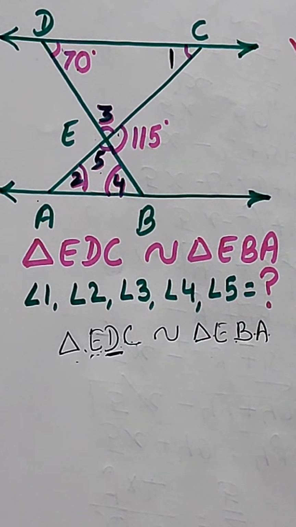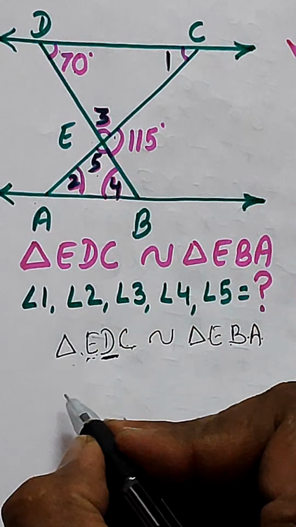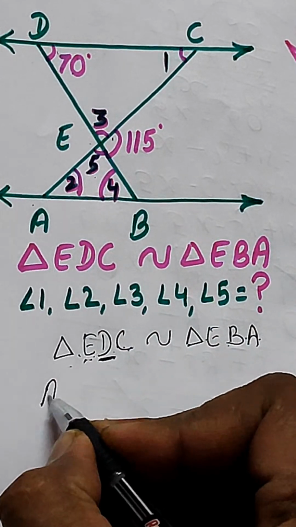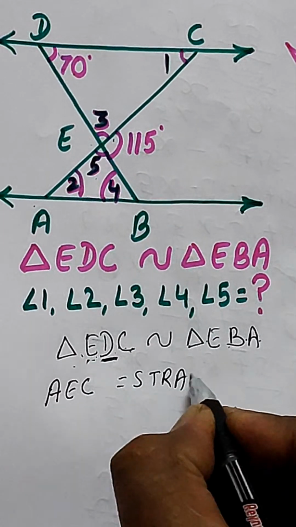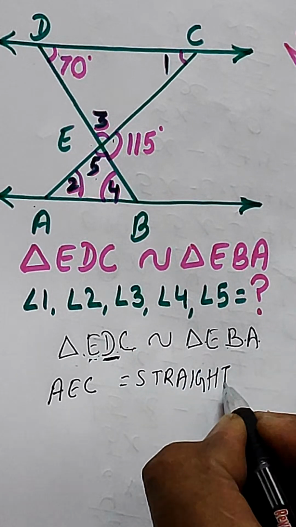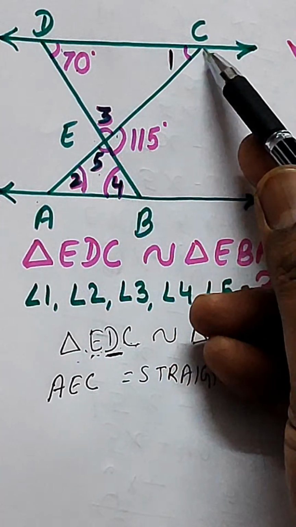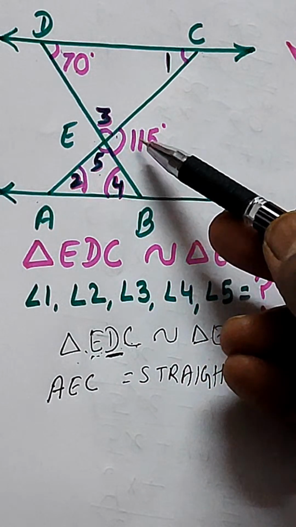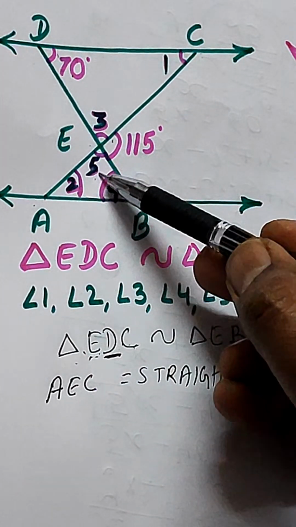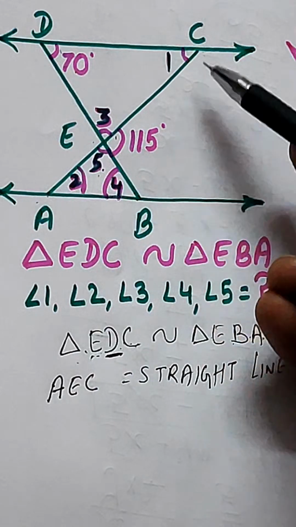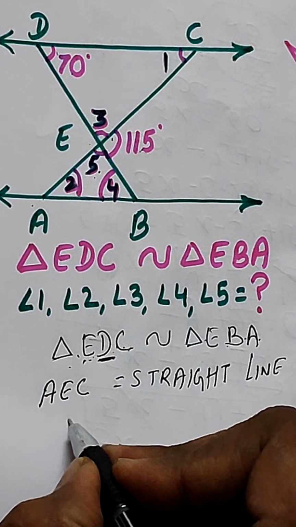Now here you can see AC is a straight line, so AEC is a straight line. Can't we say that angle AEB, that is angle 5, plus angle CEB is equal to 180 degrees?